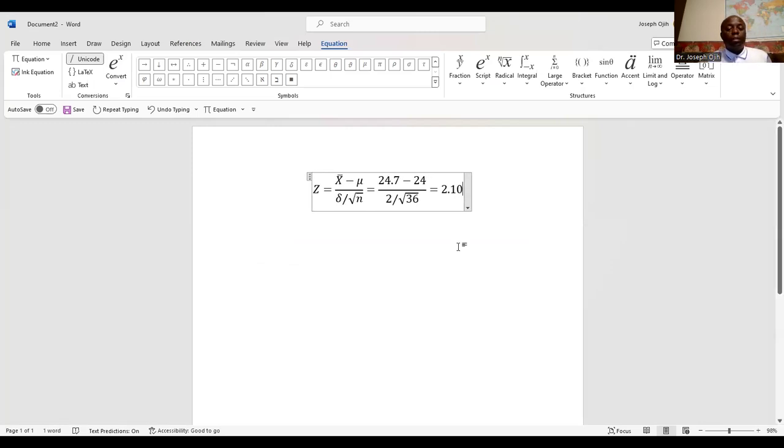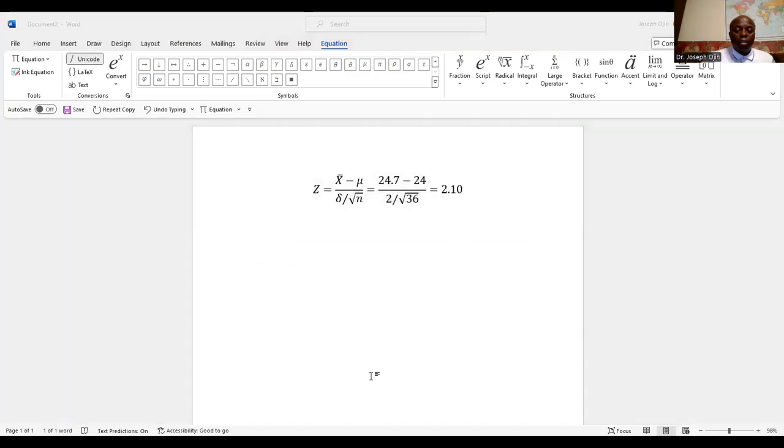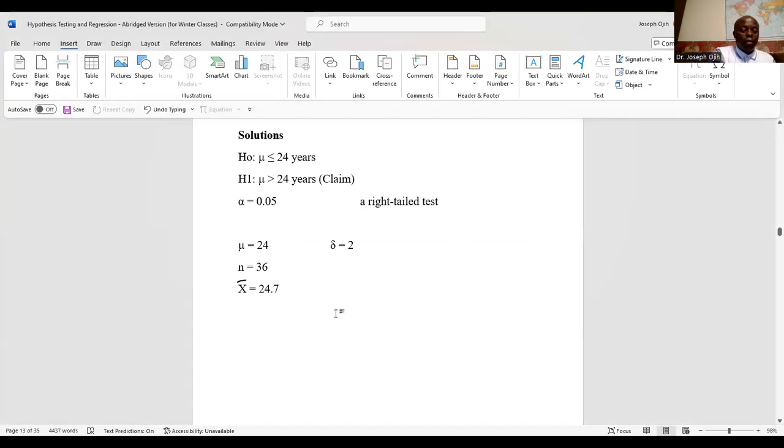So we're going to copy this and paste it into our main workbook. I run the test, and this is the result. Now we can calculate the p-value.